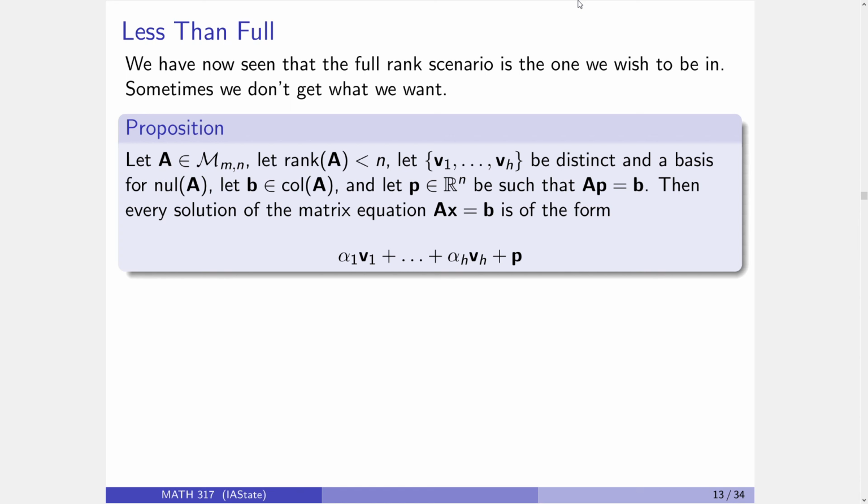so right. As in most things in life, you don't get what you want. But the good news is, in systems of equations, Ax equals b, it's all right if the rank isn't full, because we can still actually tell you something. Given a matrix, let's say your rank is strictly less than n. Well, that means your null space is non-trivial, right?